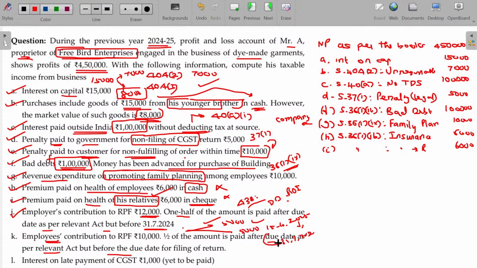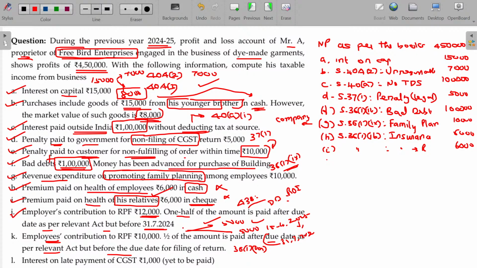In case of employees' contribution, section 36, clause 1, subclause 5A is applicable. As per this section, the amount you collected from the employee should be deposited within the due date of the relevant act. Else, the amount collected will be considered as your income under section 2, clause 24, subclause 10.